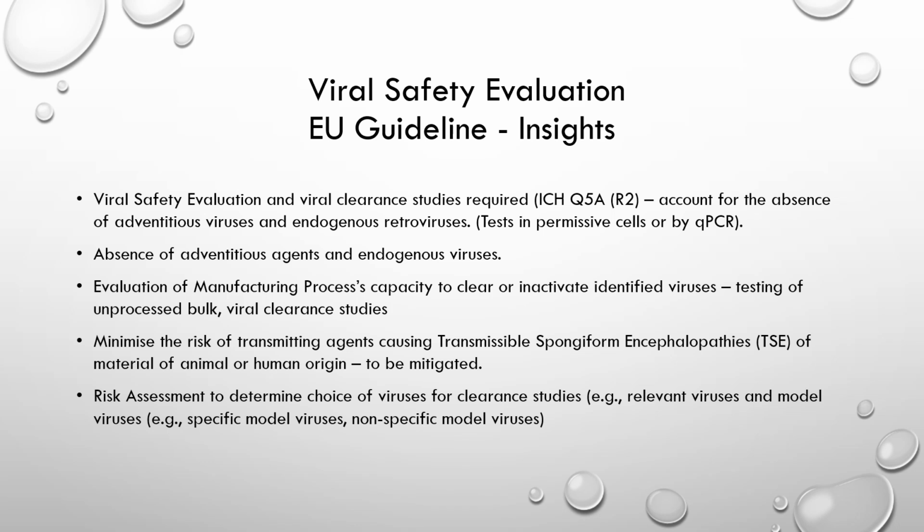So you need to be performing tests on permissive cells or perform tests by qPCR, to identify potential viral DNA or viral nucleic acids. What you really want is to confirm the absence of adventitious agents, and you can't necessarily have the absence of endogenous viruses if you are using materials of human or animal origins.